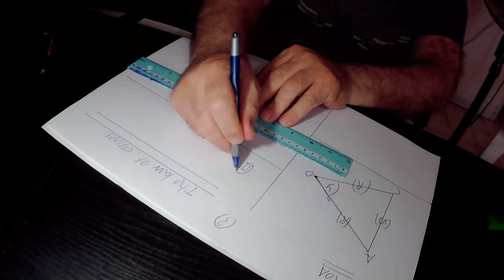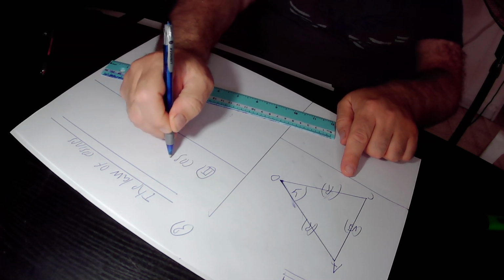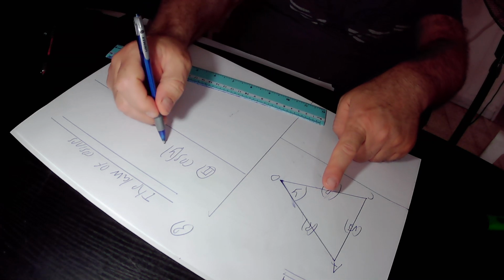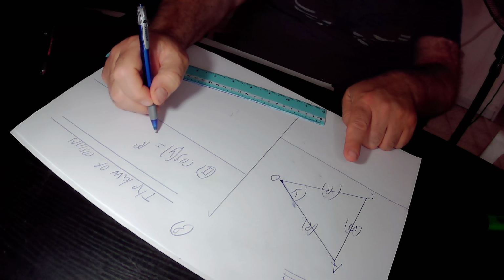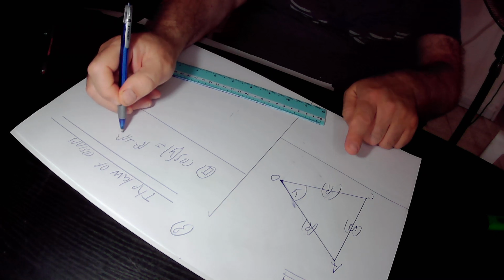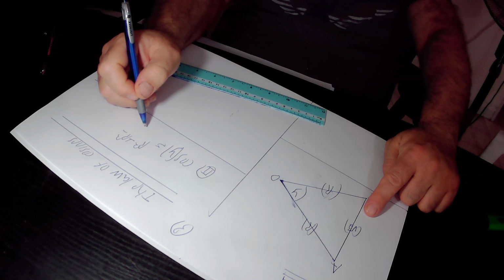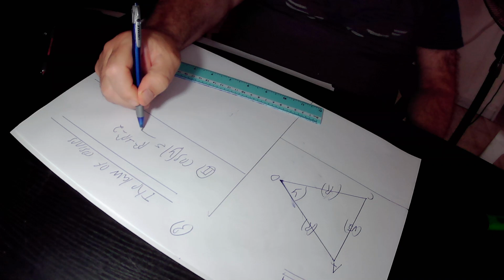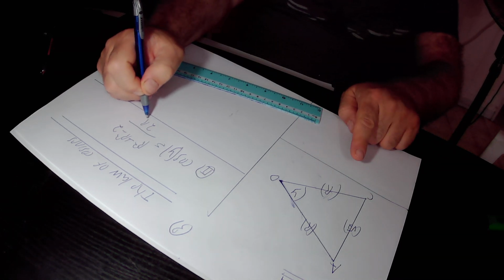According to the law of cosines in this triangle AOC, cosine y equals AO square. AO is R, therefore AO square is R square, plus CO squared. CO is also R, therefore CO squared is R squared. So it is plus R squared minus AC squared. AC is square root of 2, therefore AC squared is 2. So it is minus 2 divided by 2 times AO is R, times CO is also R.